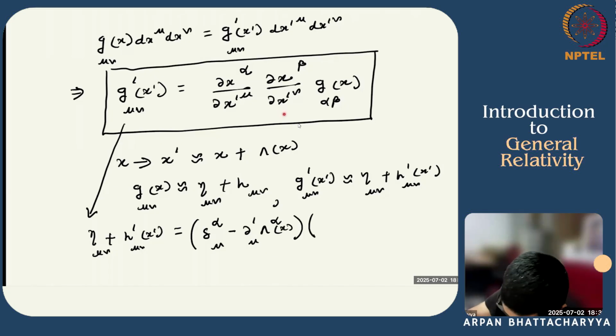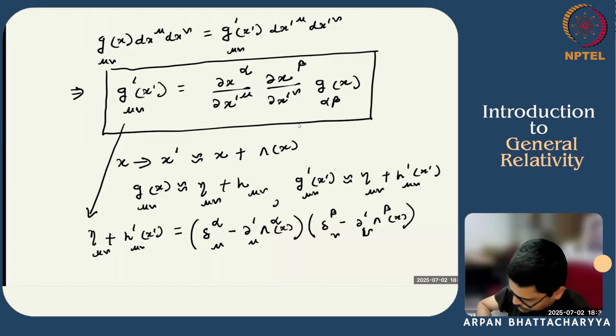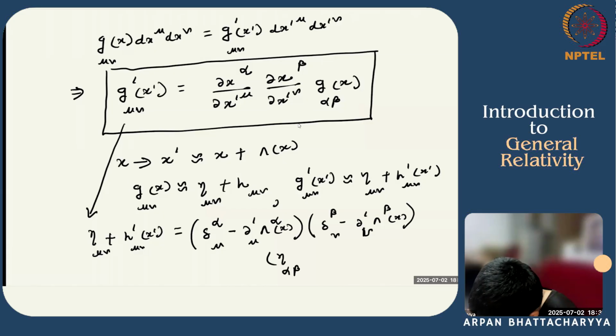This second Jacobian will give me delta beta nu minus, let's say, del nu lambda beta, and then again this is replaced by this eta alpha beta plus h alpha beta.